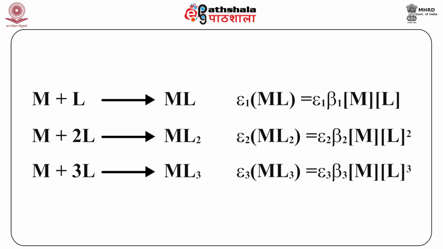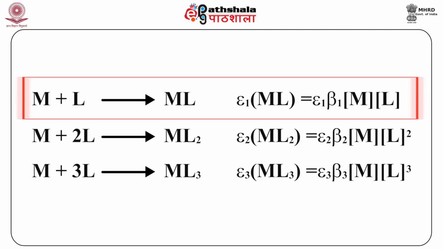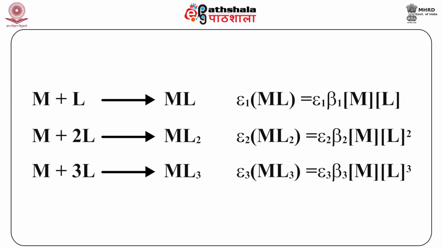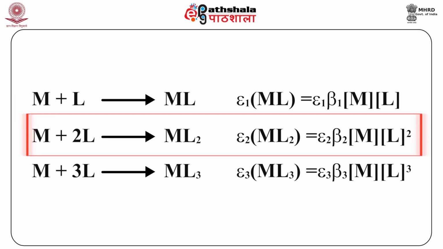Since absorption is an additive property, for the system where metal M reacts with ligand L to form ML, the individual value of epsilon for ML is shown in the equation.